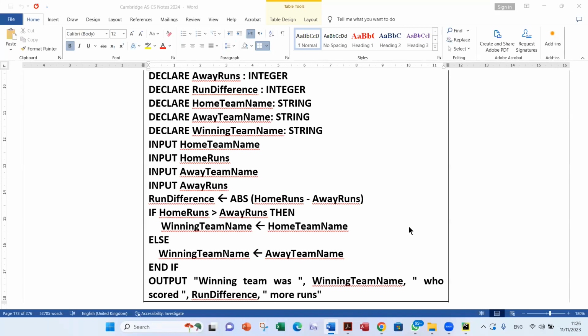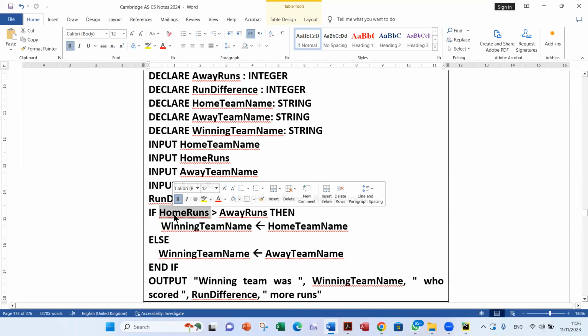Okay, what do you think will happen if there is a draw? Simply speaking, my program will work incorrectly because I didn't consider the case if home runs and away runs are equal. Here I simply assume if home run is not greater than away run, then the winner will be the away team, because the else is the opposite of this.